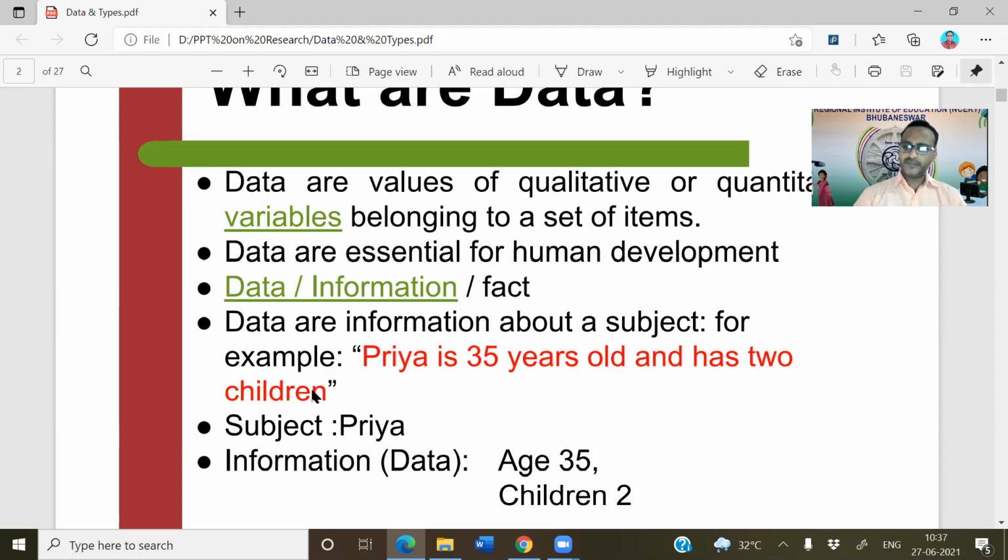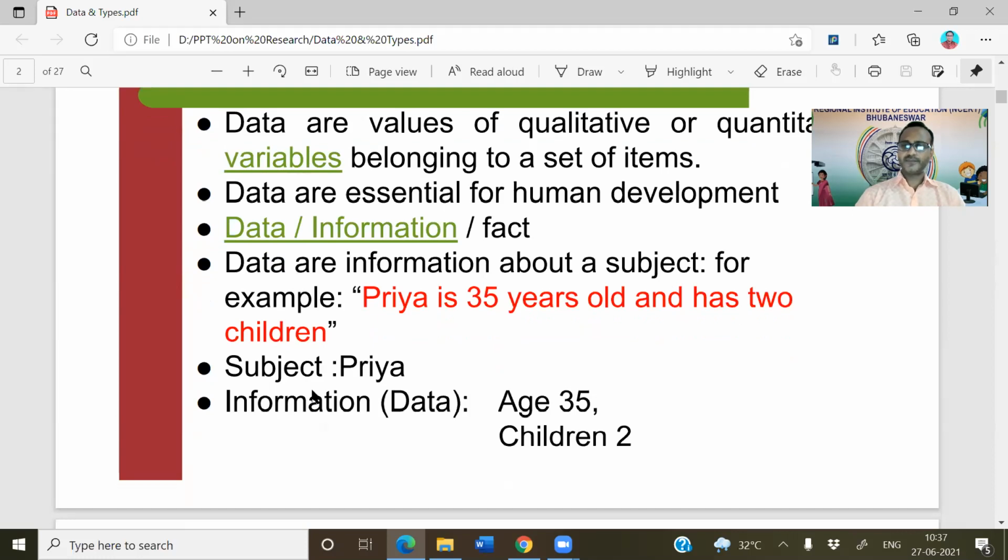So if you break this sentence, you will find that in any kind of data, it talks about a subject. And here our subject is Priya. And in any kind of data, it also talks about information. The information is 35 years old and has two children.